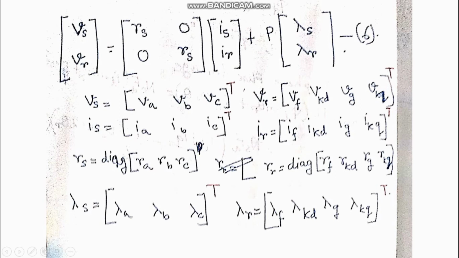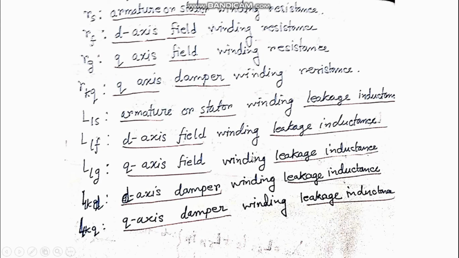I forgot to write this RKD. LS is armature or stator winding leakage inductance. LF is D-axis field winding leakage inductance. LLG is Q-axis field winding leakage inductance. I hope you can still recall the placement of the F field and G winding. And LKD is D-axis damper winding leakage inductance, and LKQ is Q-axis damper winding leakage inductance, right?